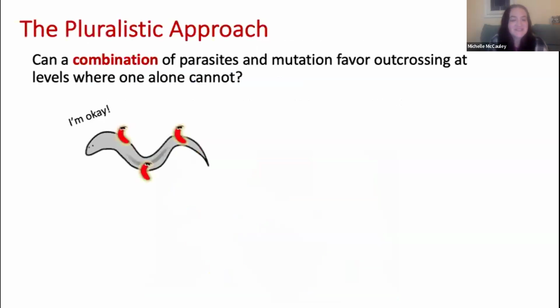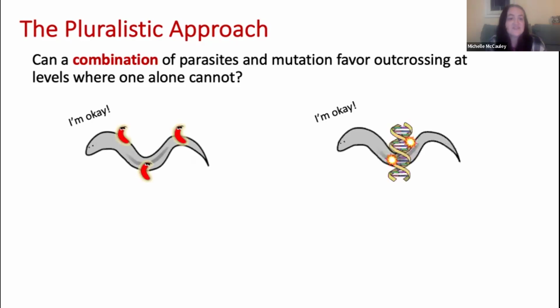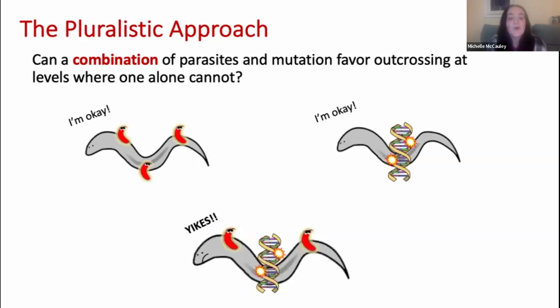And one possible solution is called the pluralistic approach. And the pluralistic approach basically asks if a combination of parasites and mutation can favor outcrossing at levels where one alone cannot. And I was really interested in this pluralistic approach for my dissertation, and I decided to test it experimentally.